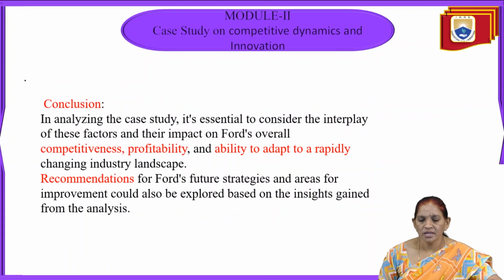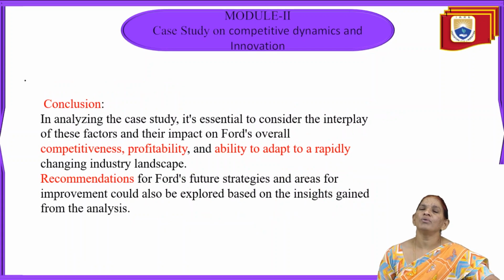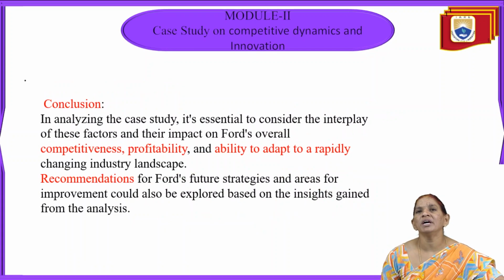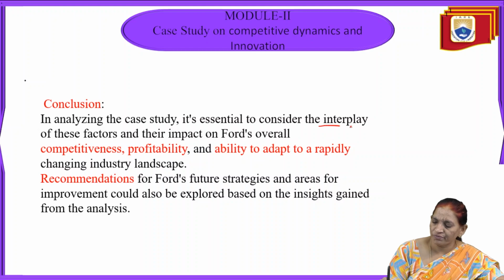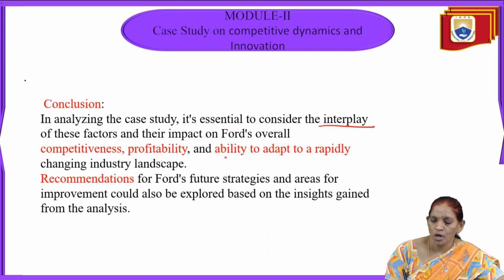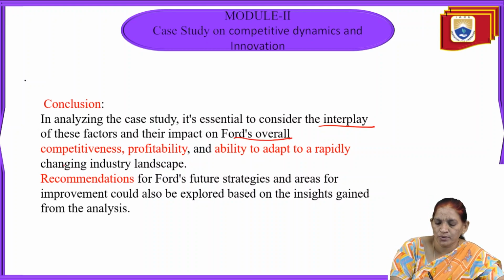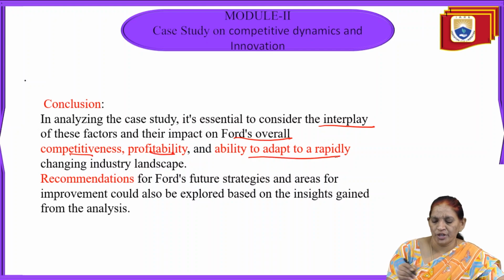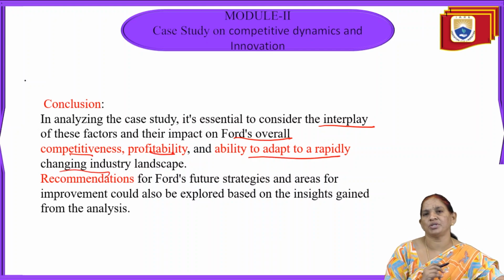With these, we can give the conclusion of this automobile industry, that it is essential to consider the interplay of the factors. Means the combination of the different items which impact the overall competitiveness of Ford, profitability, and ability to adapt to rapidly changing industries.